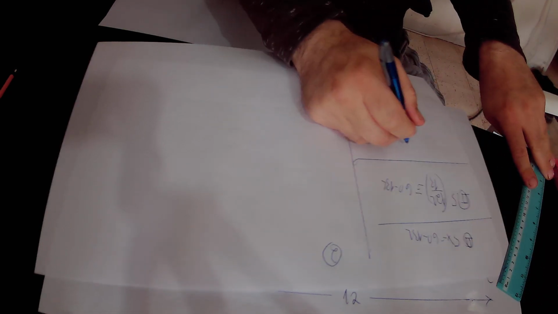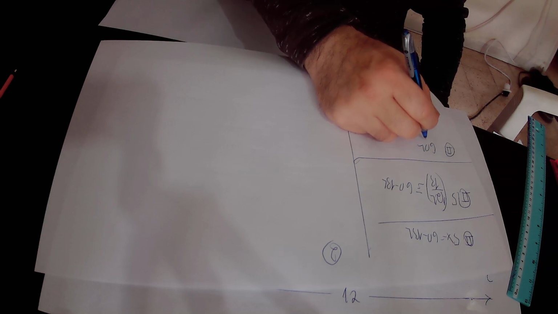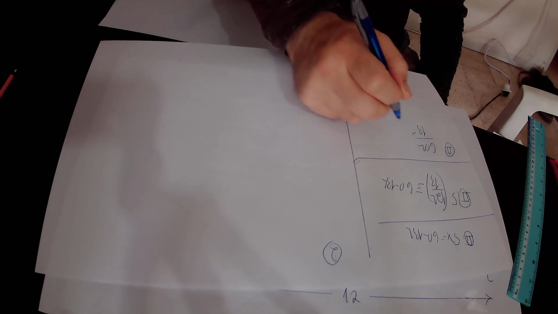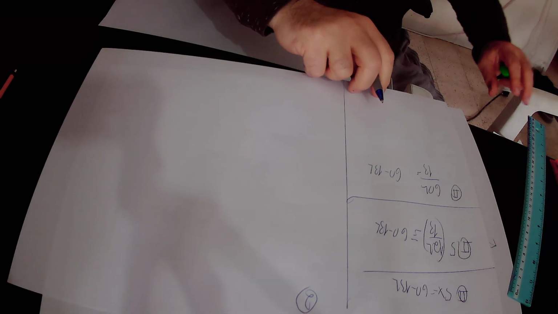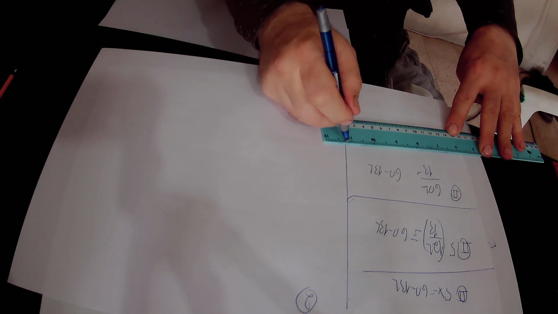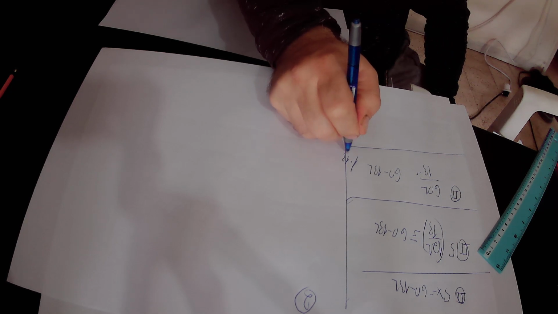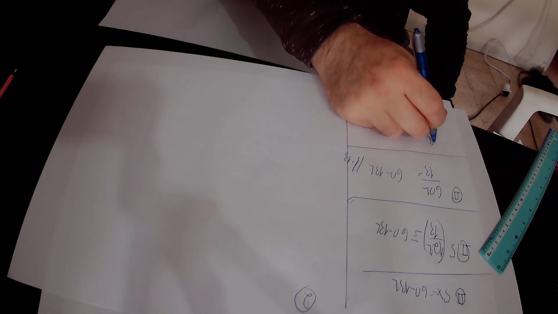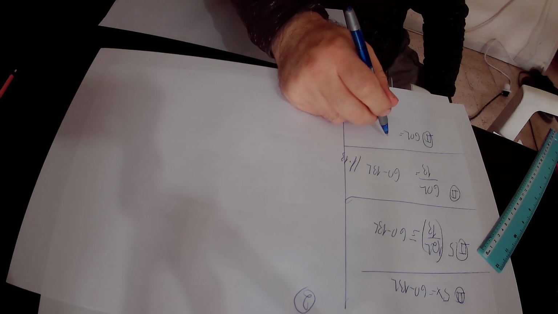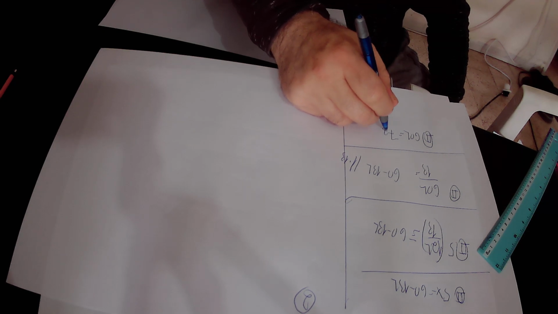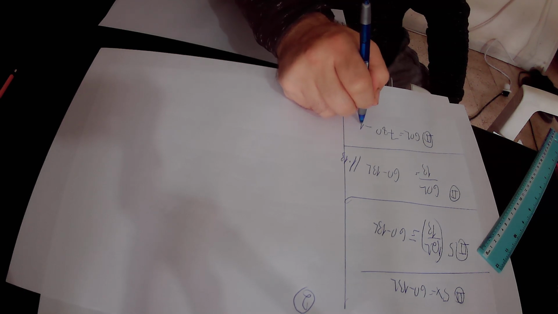Here we have 5 times 12L is 60L over 13 equals 60 minus 13L. Here we'll multiply this equation by 13, and we get that 60L equals 60 times 13, which is 780, minus 13 times 13L, which is 169L.